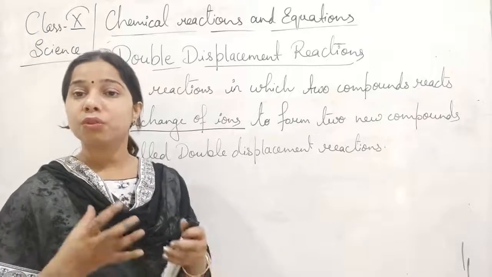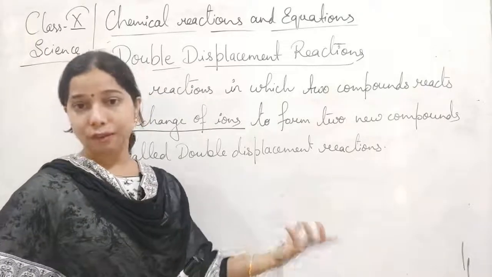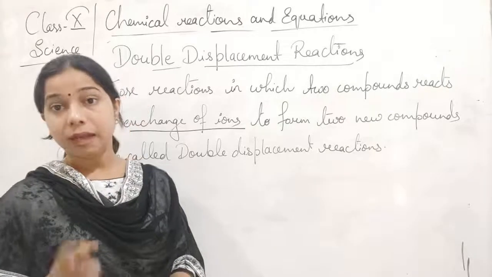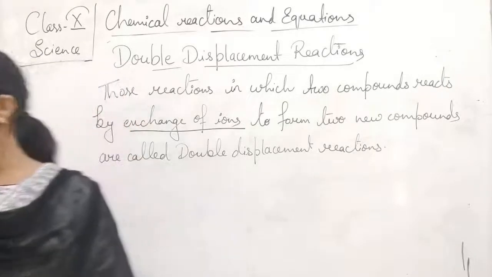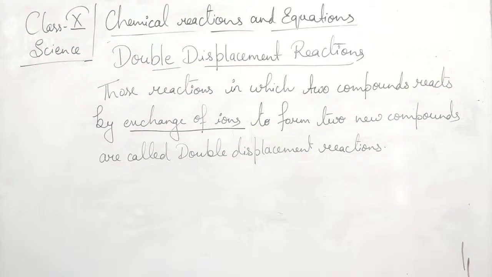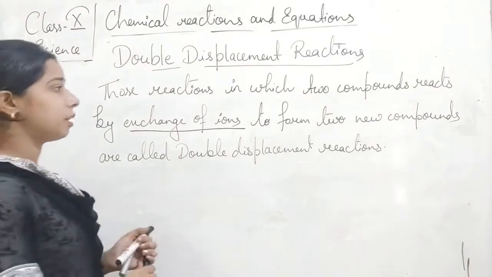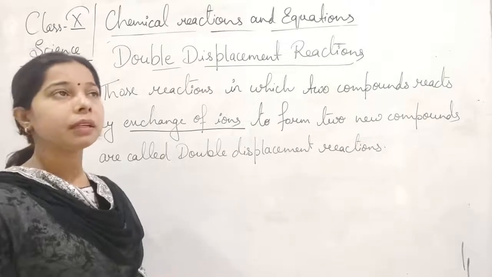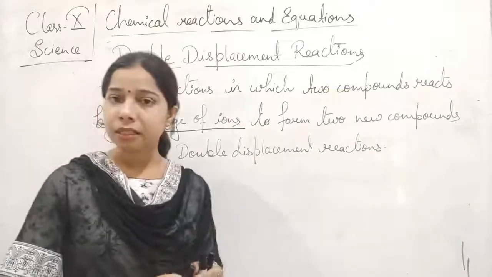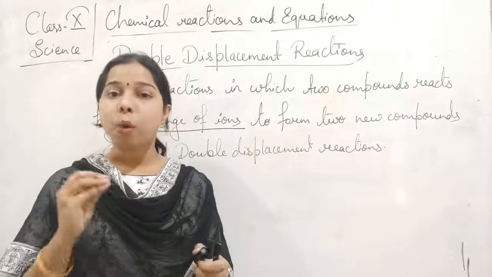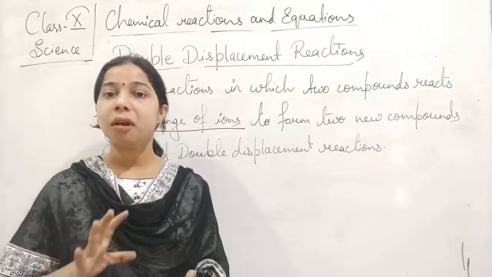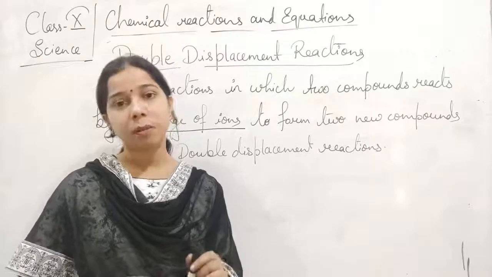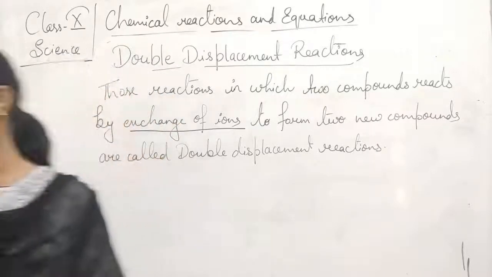Due to the exchange of the ions, the products formed are new compounds, and this is called the double displacement reaction. This reaction occurs in solution, and you will find that when the products are formed, one of the products is a precipitate. Most probably this happens with double displacement reactions.